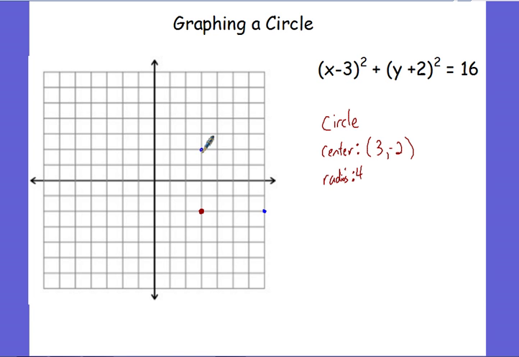Repeat in each direction. And then try your very best. Close enough to draw a circle. Okay? Any questions? We good? Too easy, right?